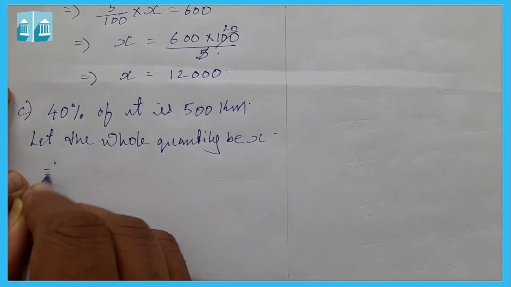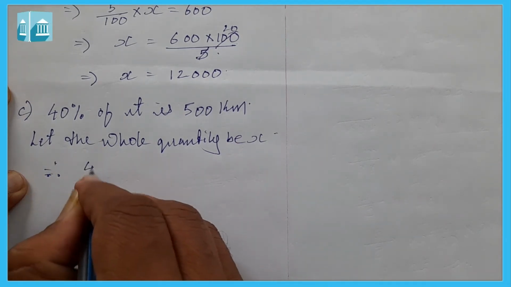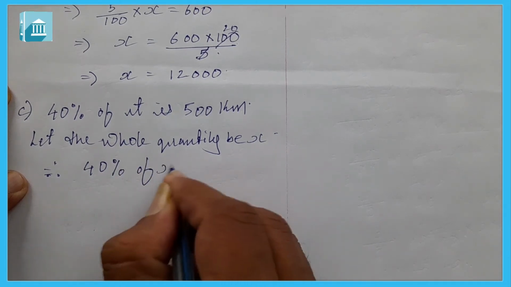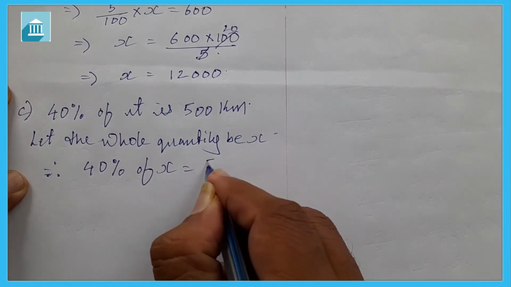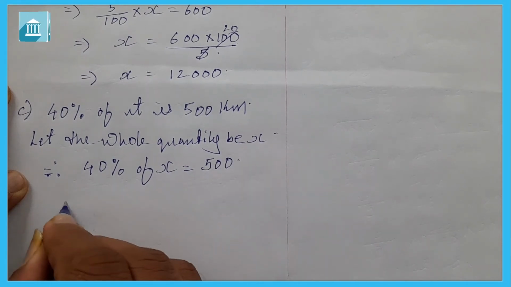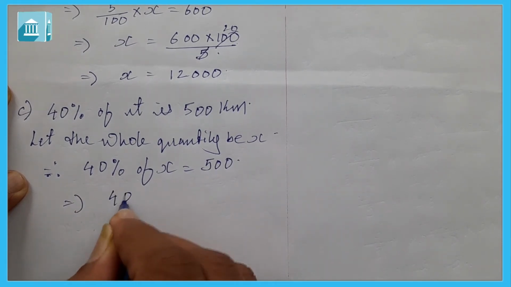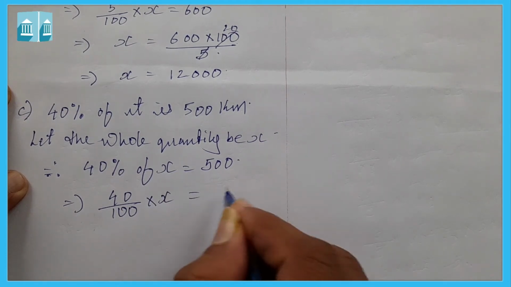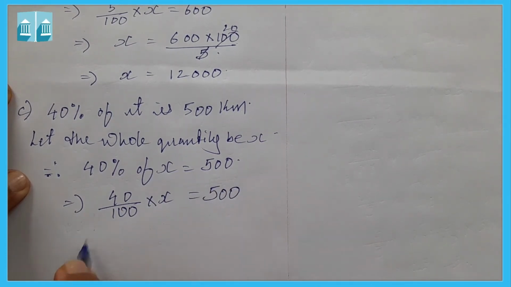Therefore 40% of x is equal to 500. So that will be 40 upon 100 into x is equal to 500.